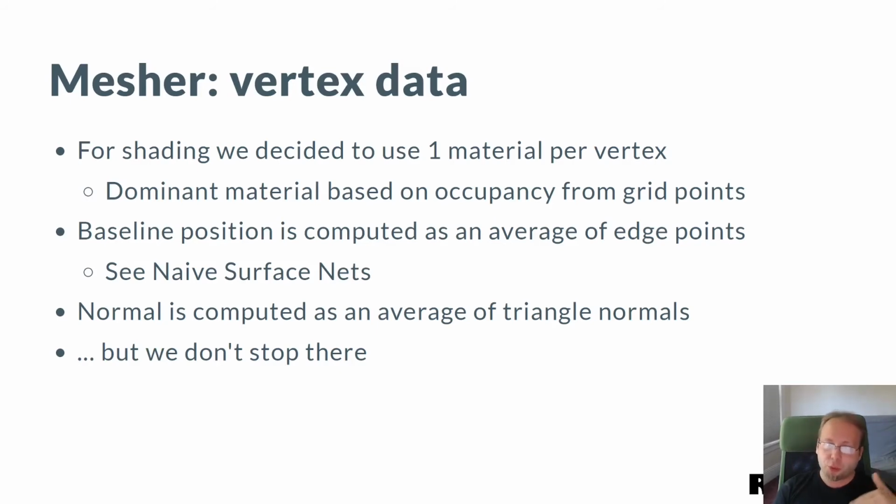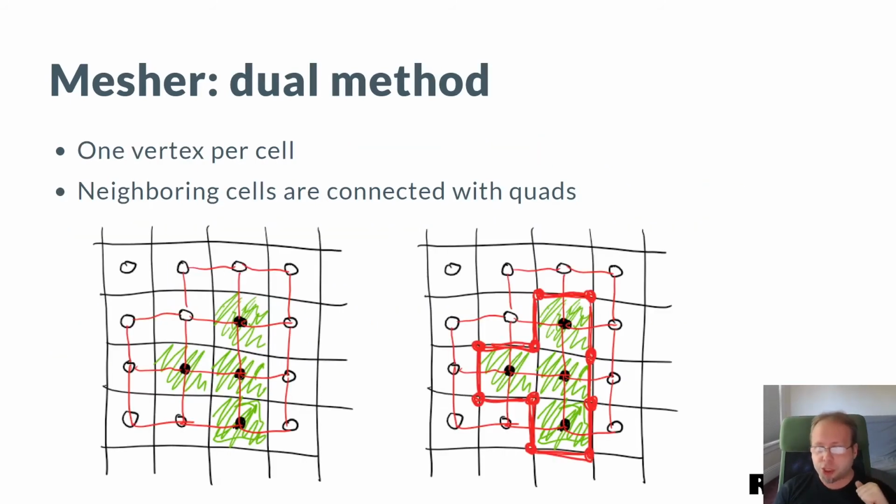So then for the position, we start with what naive surface nets does, which is that if you look at the edges that connect black dots and white dots, you can place a point on this edge using the typical isosurface-based interpolation. For us, it's occupancy, and classically it's based on signed distances, but it's similar where you place the point. In this case, you would place a point in the middle of the edge if the occupancy was 1, to push it furthest out along the voxel direction, and then if it's 0, then you would place it really close to the corner of the voxel, to the center of the voxel.